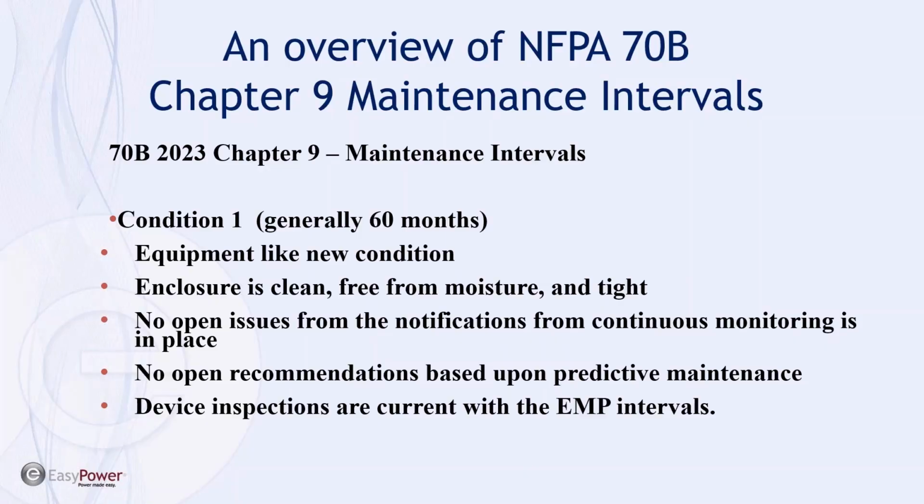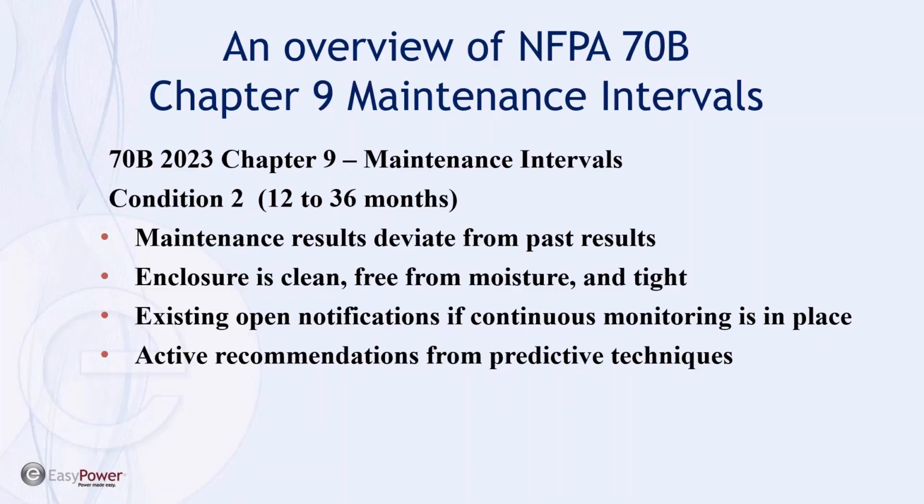The enclosures themselves are clean and free, and are in probably an environment that they stay relatively clean as well. There are no open issues from any type of continuous monitoring, no other recommendations from past predictive maintenance inspections, and you are current with those inspections from those devices to begin with. So all of that would be a criteria that would take a group of equipment and move it into, I'm going to say, a 5-year cycle of test inspections and reviews.